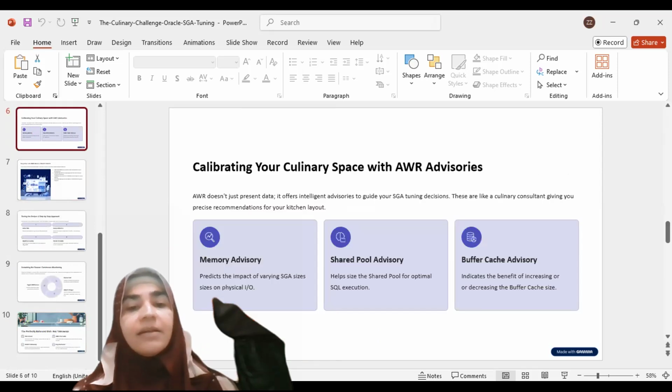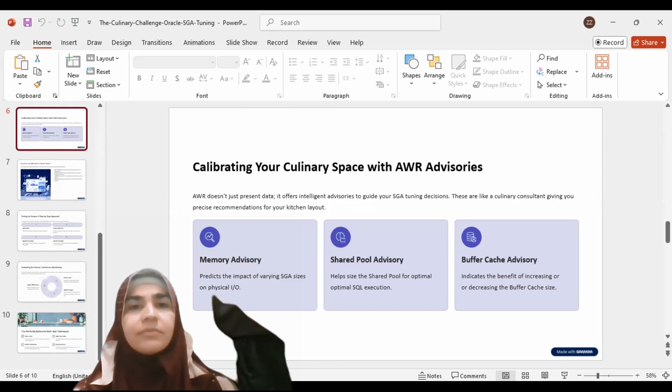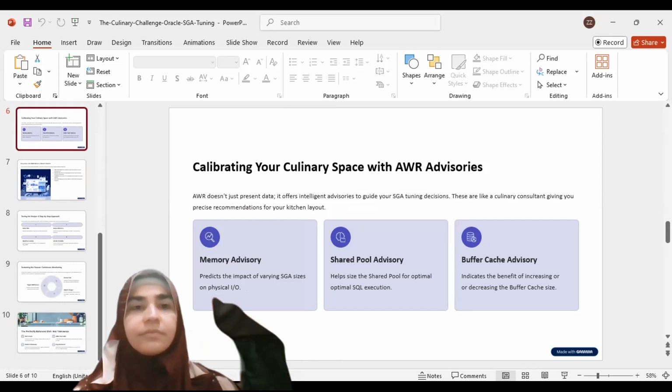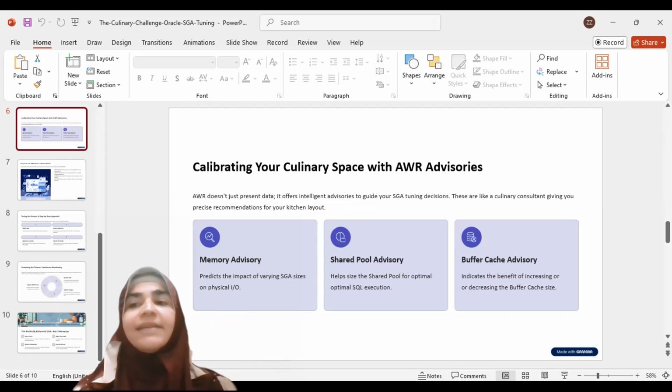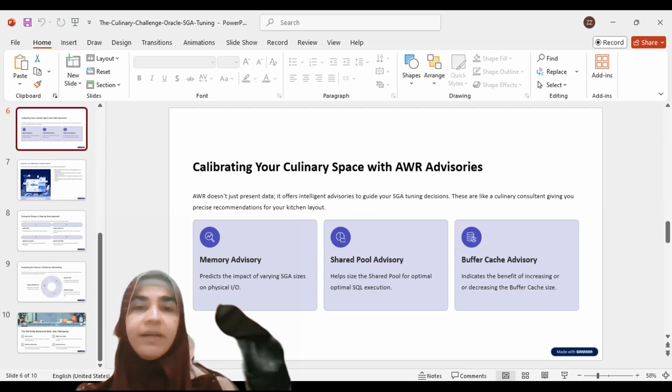So now let's zoom in on what AWR gives us. First is your memory advisory. This predicts how increasing or decreasing your SGA will impact the physical IO.